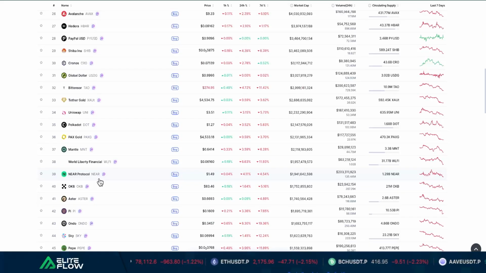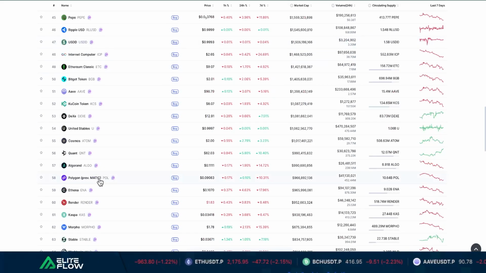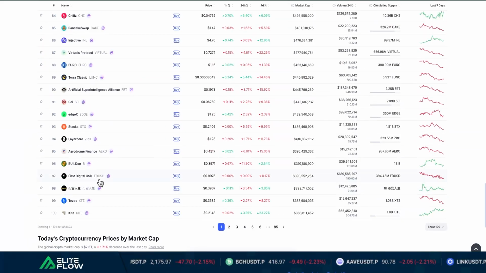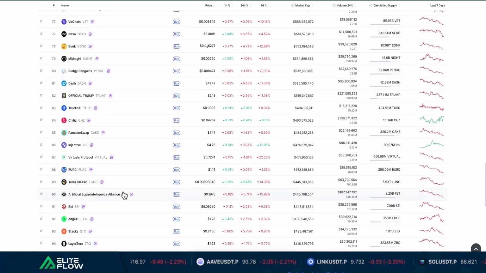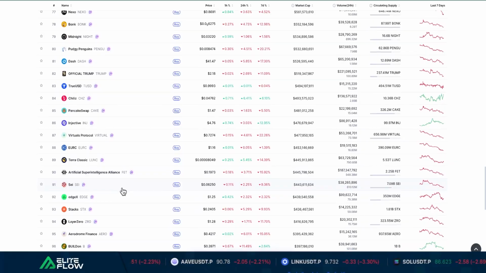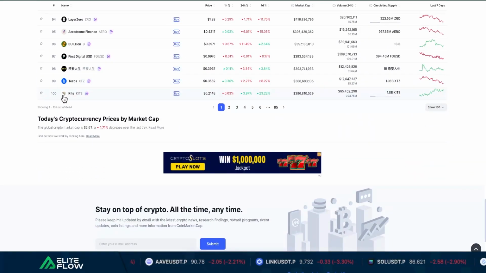Now, if you start scrolling down, and your friend or your brother or your cousin tells you, look, there's this crazy coin, that's this one, First Digital USD, we should buy it. No, don't. If you're having to scroll all the way down, and even this, like top 100 coins, that's all right.